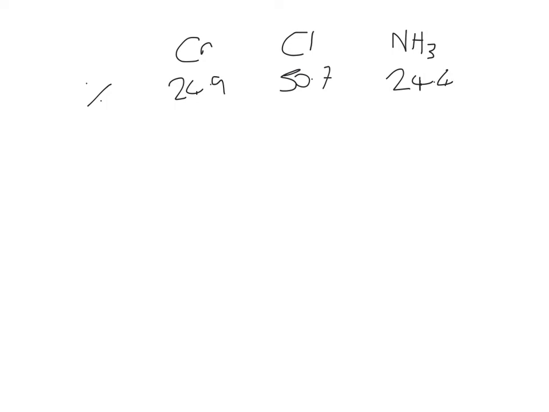As chemists, we don't really mind what mass things are. We really want to know about the number of moles. So what we want to compare these percentages to is, I guess, the relative molecular mass of each of these fragments. So we can look on our periodic table, which you will have in your exam, and we see chromium has an atomic mass of 51.9961 on my periodic table.